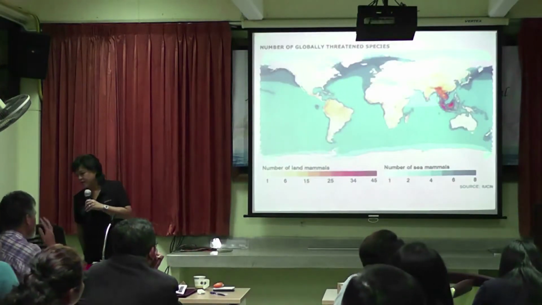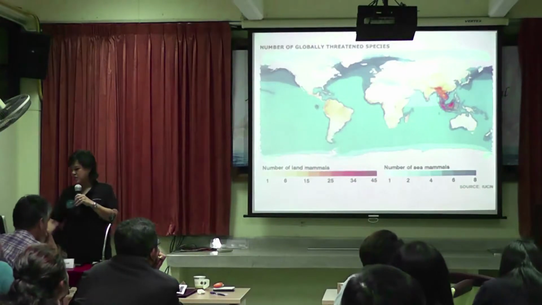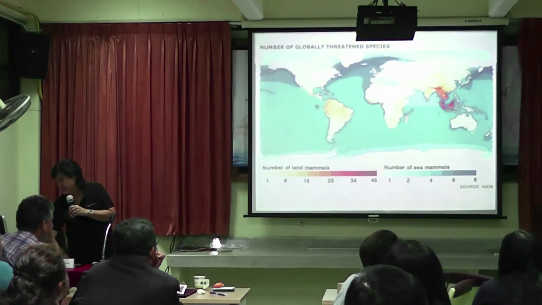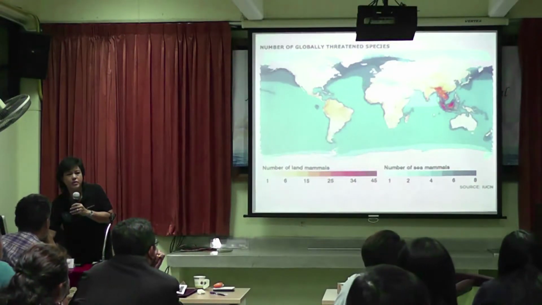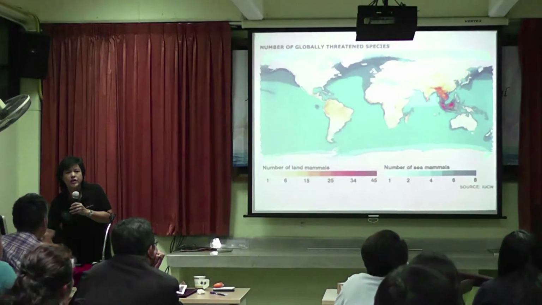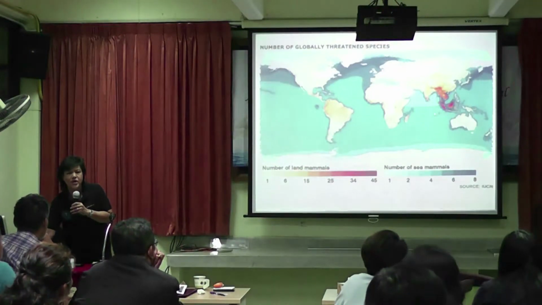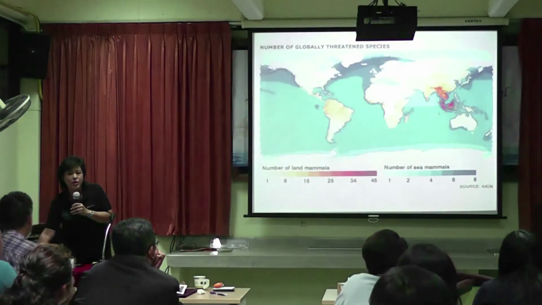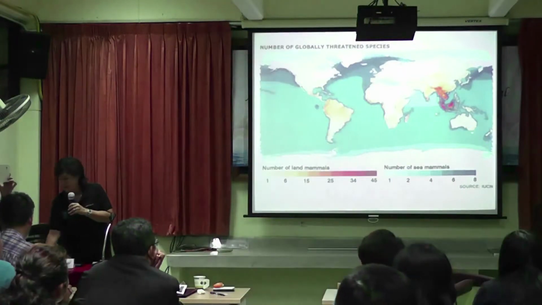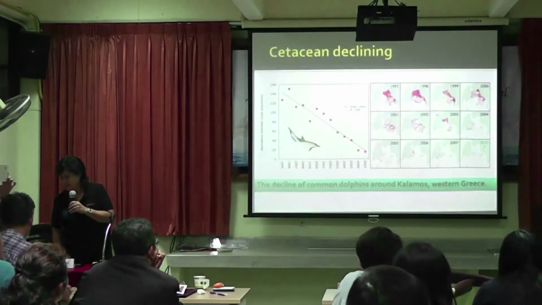Right now, the number of threatened species in the world, including land and marine animals, you can see from the color, mostly in Asia is where we have problems, because we are killing not only the animals, we also kill the ecosystem. We kill the environment, so they cannot live.